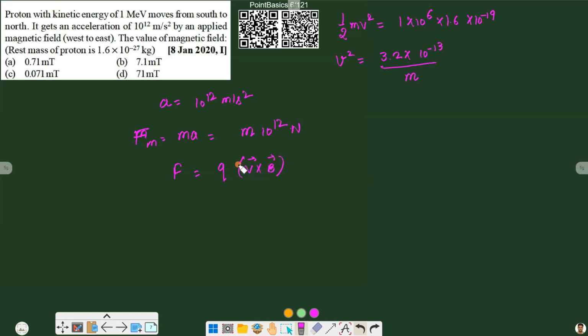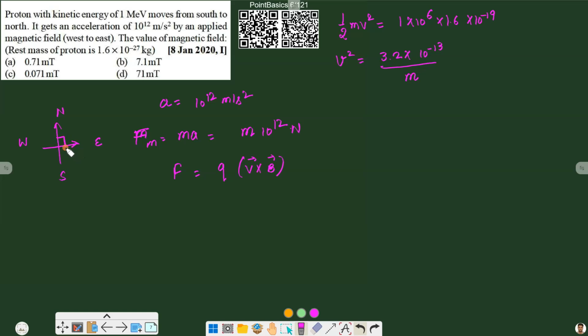Now let's find out the angle between the velocity and the magnetic field. So here the velocity is from south to north. Suppose this is north, this is south. We have east here and west here. So the velocity is south to north and the acceleration is west to east. So we have the acceleration like this. So the angle between velocity and force is 90 degree.